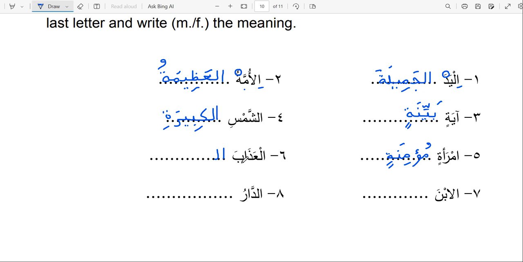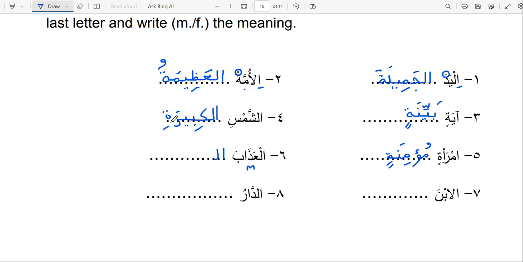Is it from the feminine nouns or not? Can you remember? Al-adab, no, it's not from the feminine nouns. So it's a male noun. So anything you put here should be male. So what should I put? I will put the same noun here but without a ta marboota, just to explain to you.